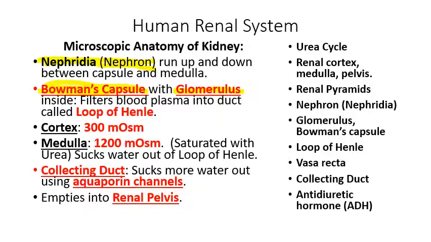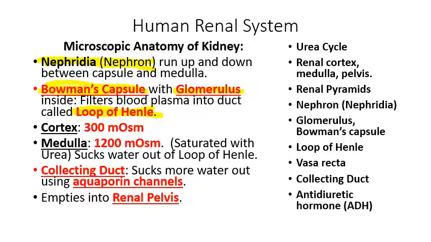The Bowman's capsule and the glomerulus are in the renal cortex. And then the filtrate travels down this tube into the renal medulla and then back up again. This tube that goes down and back up again is referred to as the loop of Henle. The loop of Henle.